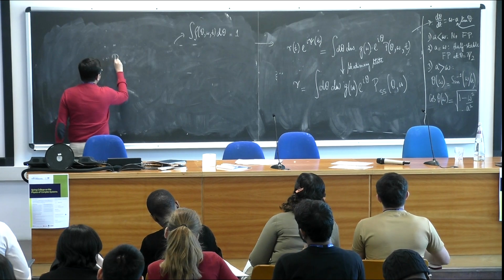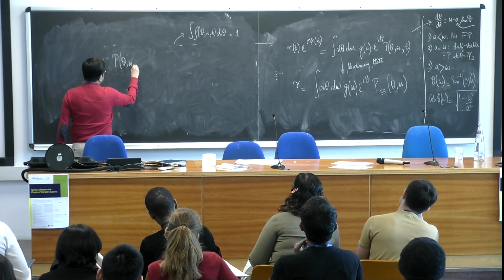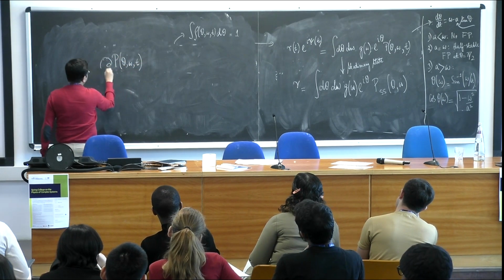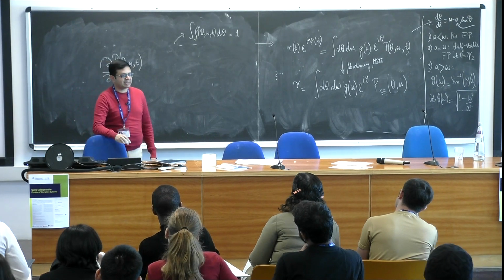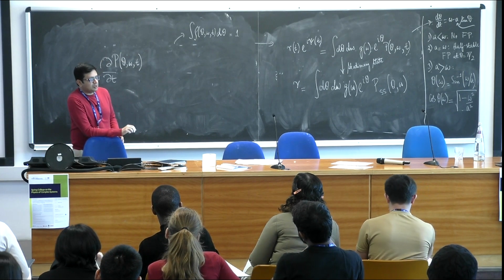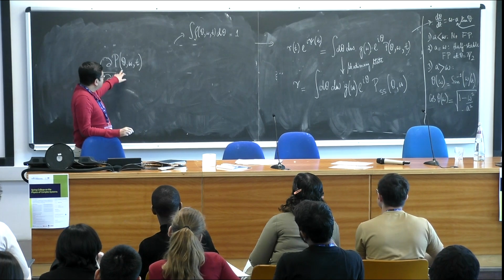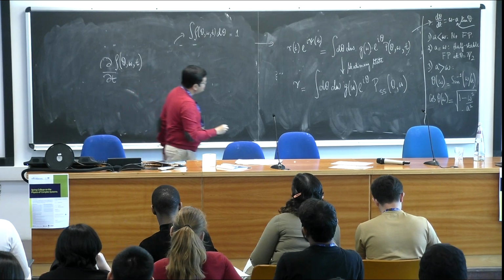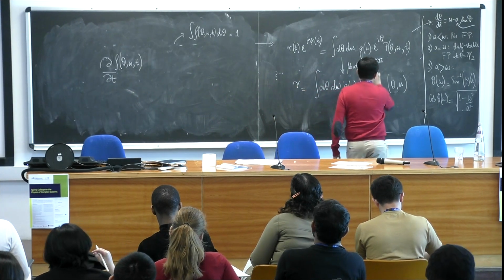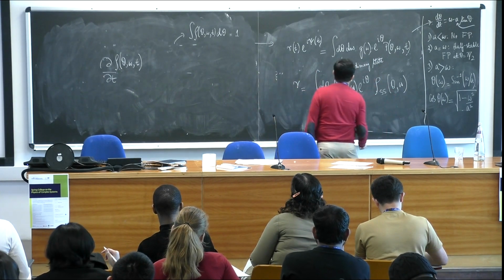Okay. So this rho of theta, omega, t, if I have to write down a time evolution equation for this, what would it be? Can somebody make a guess?